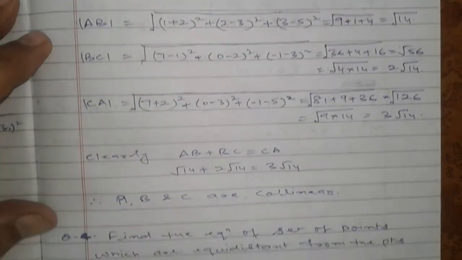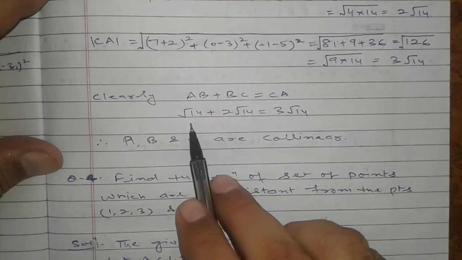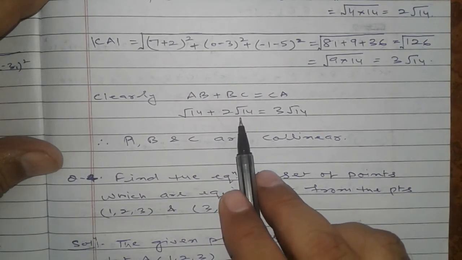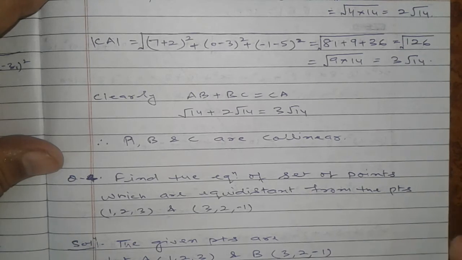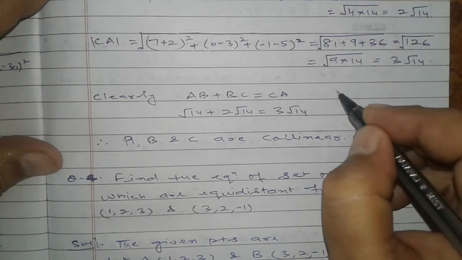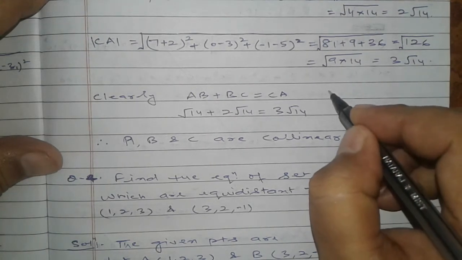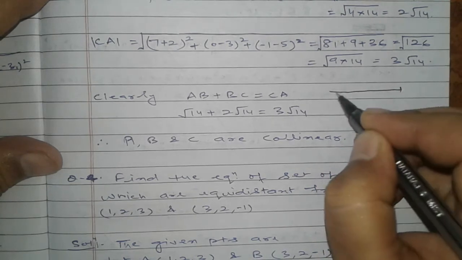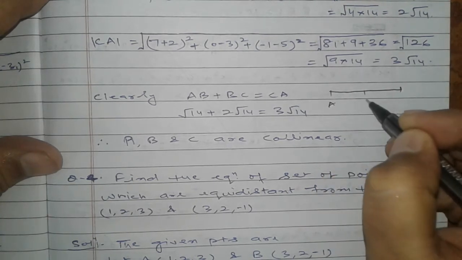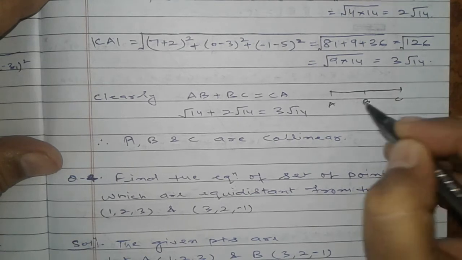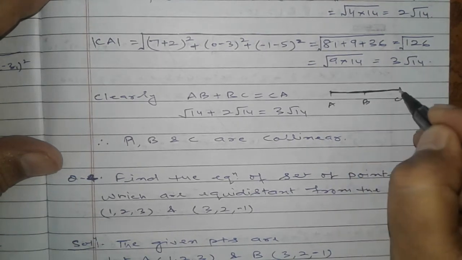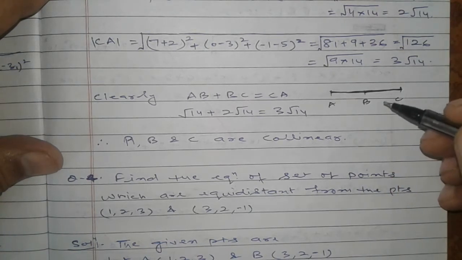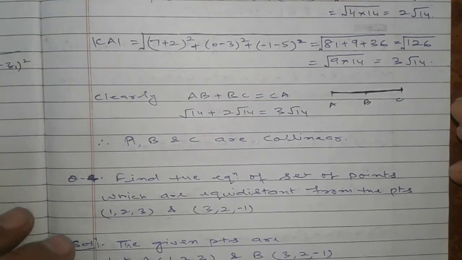Clearly AB plus BC, under root 14 plus 2 under root 14, is equal to 3 under root 14. So the sum of the two sides AB plus BC is equal to AC. This is only possible when A, B, C are collinear.